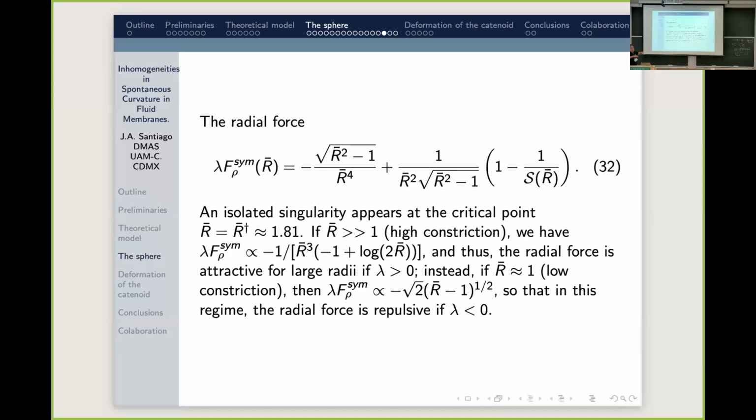It depends on the radius. If the radius is... let me advance, but we have this singularity in this critical point. In the presence of this term, right?